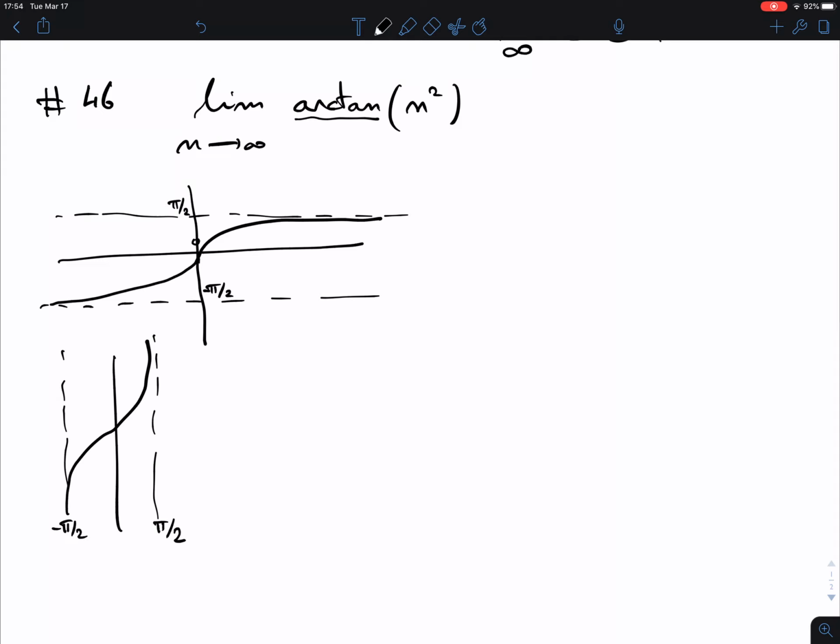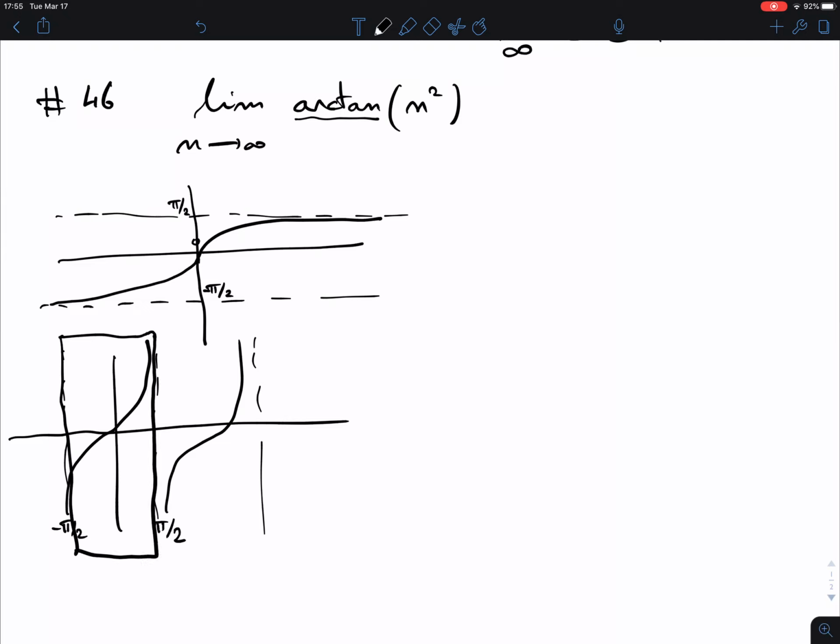The difference is that in the case of a tangent, you get a similar pattern that repeats itself over and over. But when we take the inverse trig function, we always look only at one piece. And if we flip this over, we get this piece. All this to say that if you go to positive infinity, you end up at pi over 2. If you go in this direction, you end at minus pi over 2.